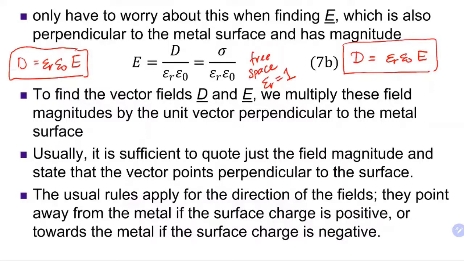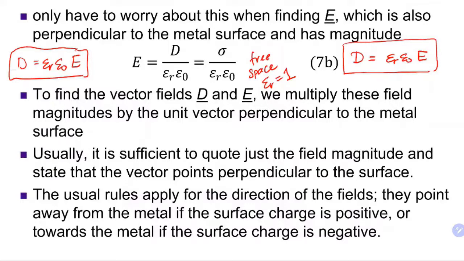And we know that the electric field, or the electric flux density, is equal to the charge density on the surface. So if this is a conductor and I want to work out the electric field, the electric field will be pointing perpendicular to this surface, and the magnitude will be the charge density divided by epsilon R epsilon naught.